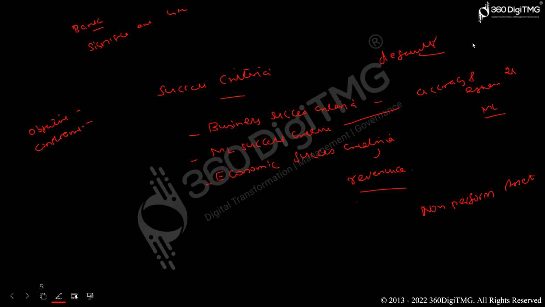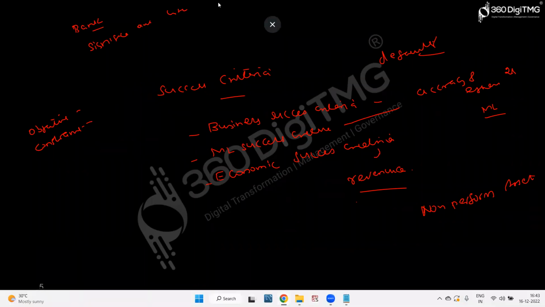So what should be your objective if your problem statement is defaulter? What could be your objective and constraint?